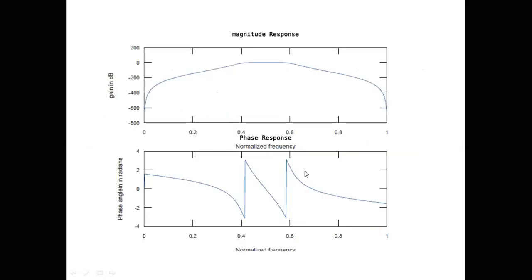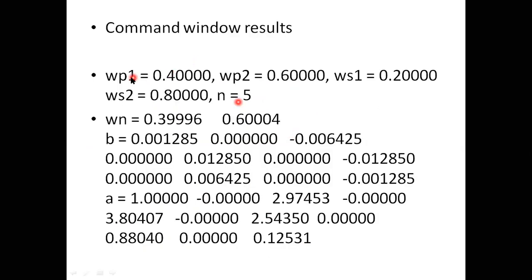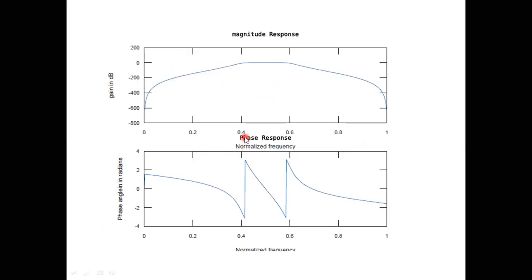Now see the frequency plot of your system. So first plot is denoting the magnitude response and second plot is denoting the phase response. So gain versus normalized frequency and phase angle versus normalized frequency. See here, from 0.4 to 0.6, this only you got here. Omega P1 0.4 to 0.6 means passband frequencies are 0.4 to 0.6. And what was your passband dB? This was your minus 3 dB.